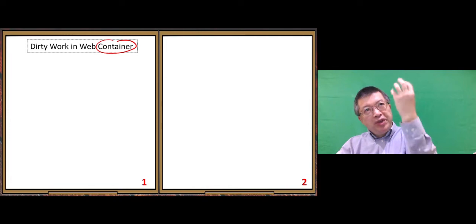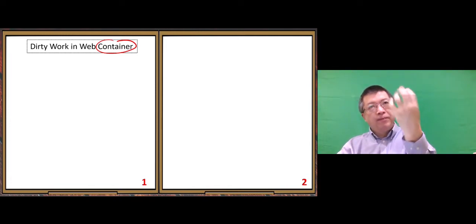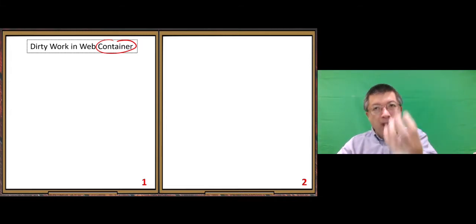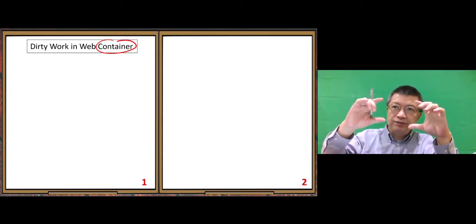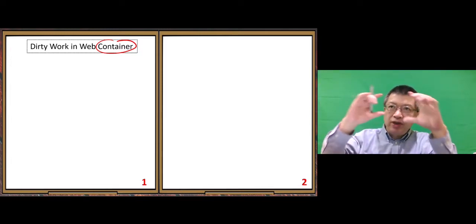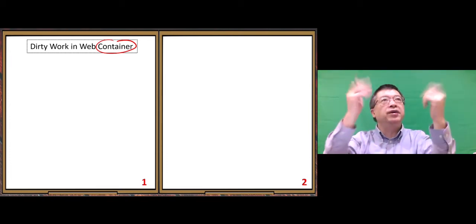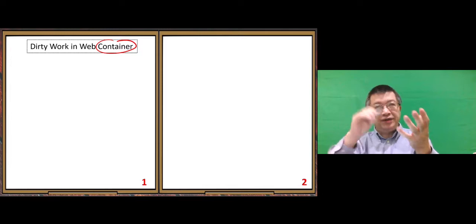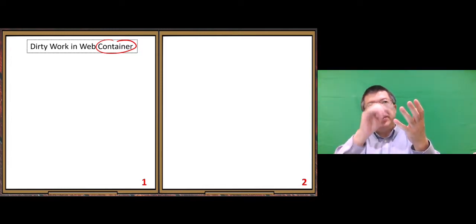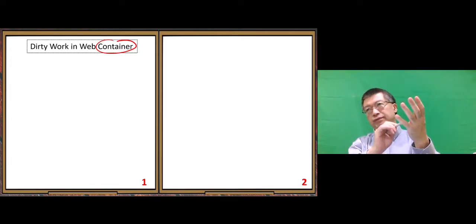So for some particular software tool, in order to run that tool in main memory, you need to create a special environment for it. That special environment we call a container. So in that container, you can do a lot of things related to that software tool.